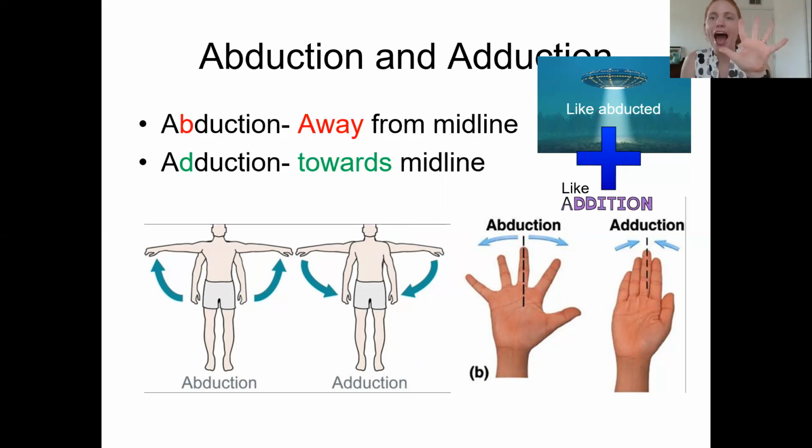So this would be abduction. So if you pretend there's a midline there, going away from the midline, that would be abduction, or going towards the midline, that would be adduction. So abducted away, adduction, adding onto. Okay, and again, those are opposite pairs together. They do opposing actions.